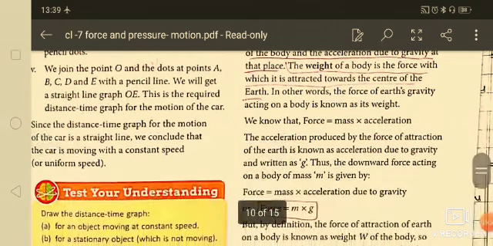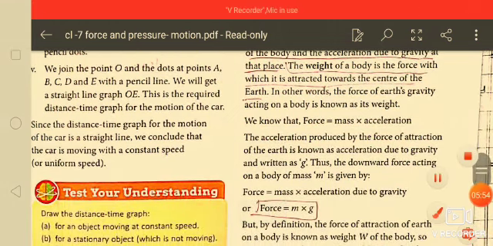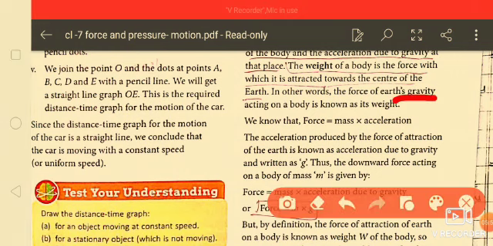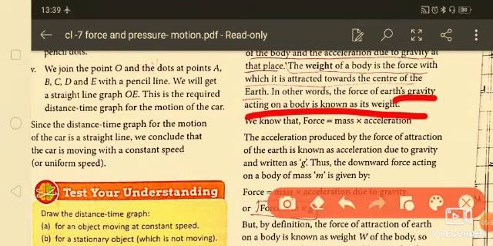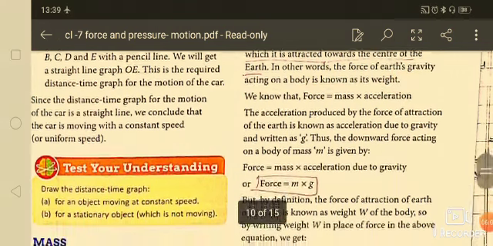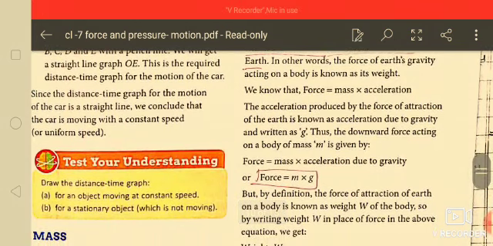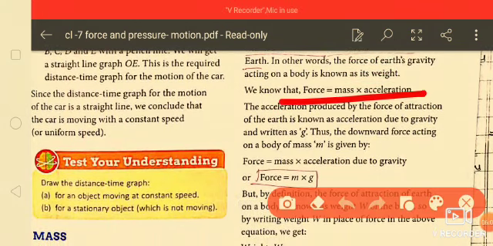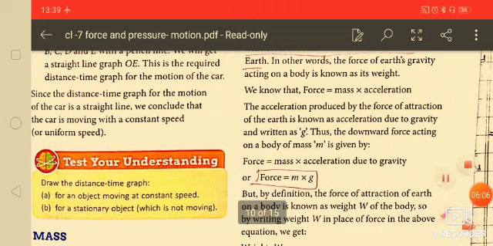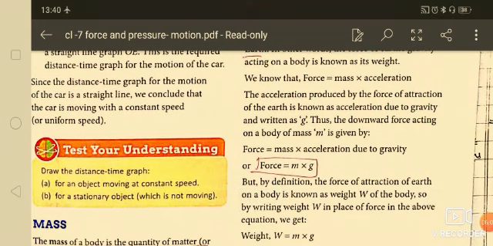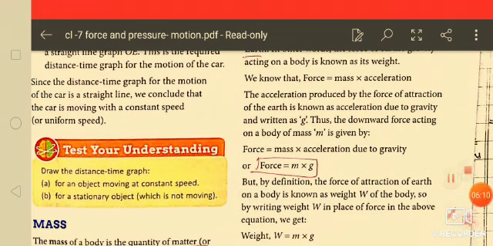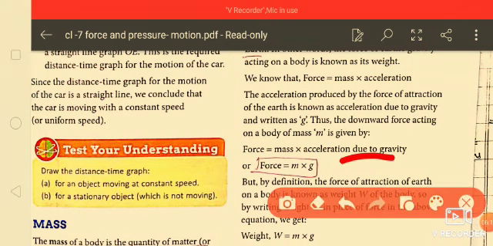In other words, the force of the earth acting on a body is known as weight. We know that force is equal to mass times acceleration. Here force is equal to mass times acceleration due to gravity.